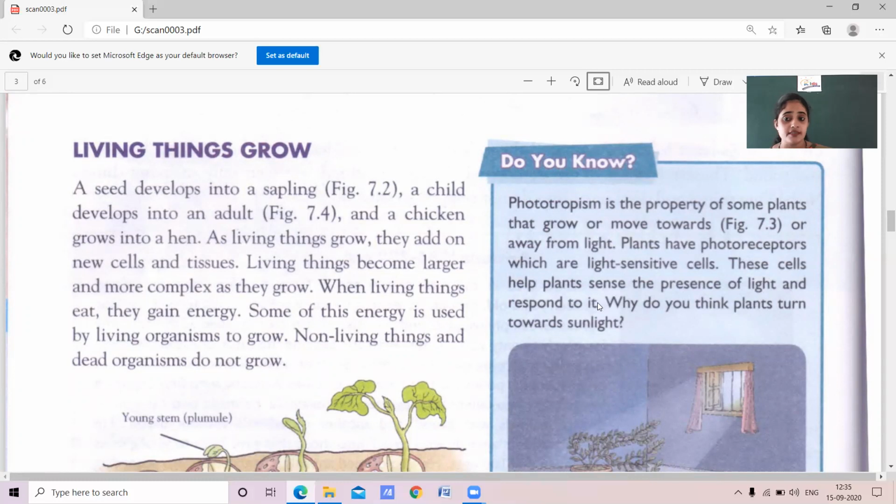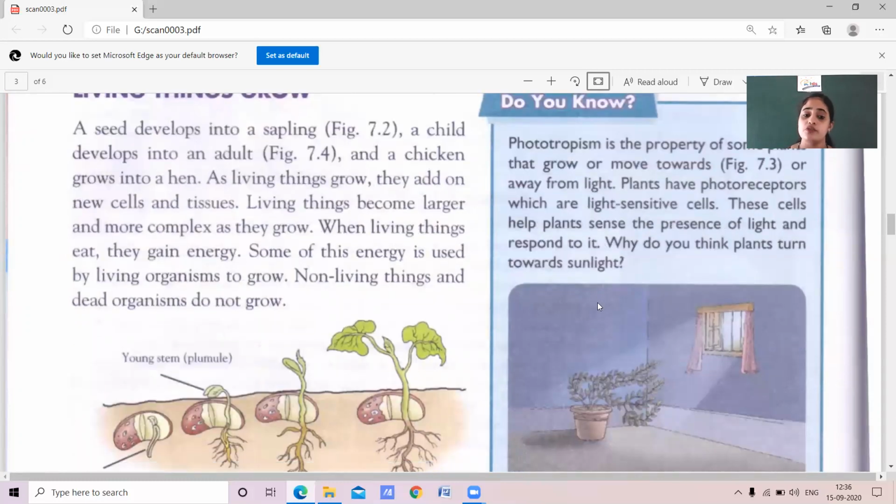You have noticed that plants and animals, living things, show growth. If you see a plant, first a seed develops into a sapling, meaning a young plant. A child develops into an adult. A chicken grows into a hen.